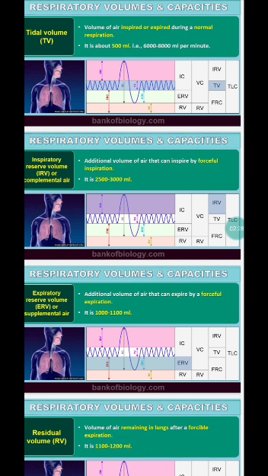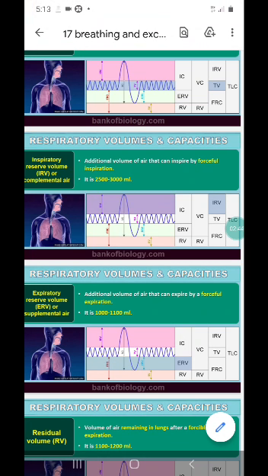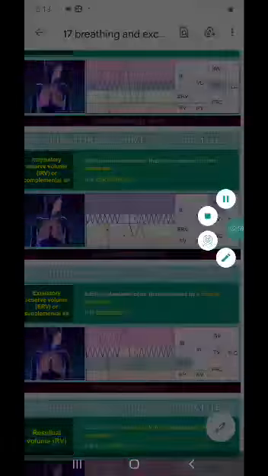It is the volume of air remaining in the lungs after a forceful expiration. When you are asked to expire forcefully, whatever is in the lungs you expire out, still there will be a little air inside your lungs, which is called residual volume. Normally when you breathe, there is a little bit of air left inside the lungs, which is called the functional residual volume. Okay, children, got it?